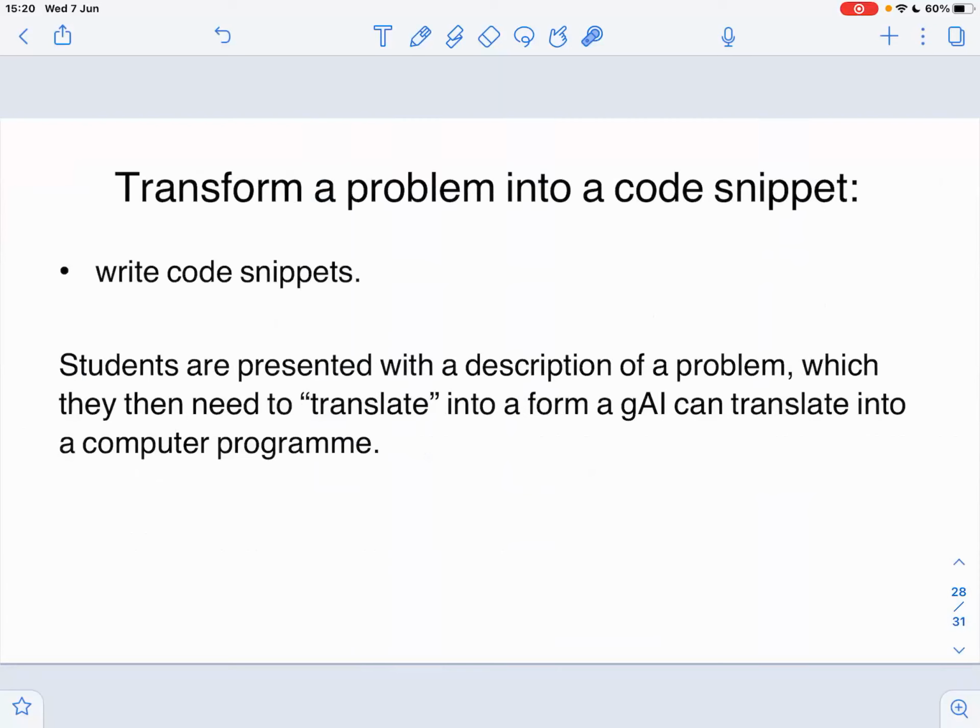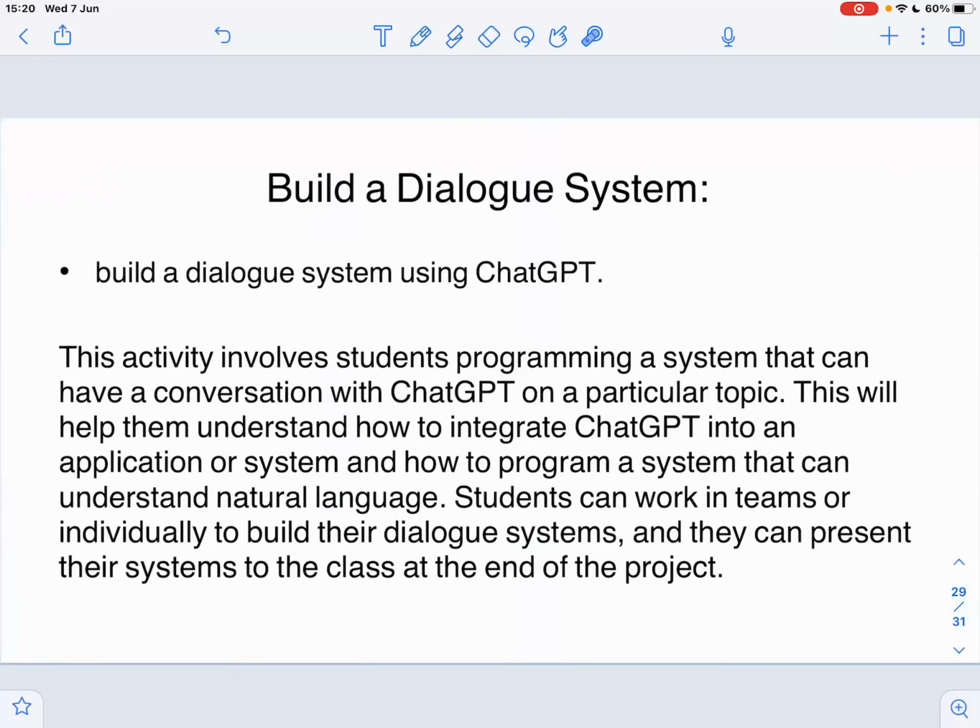This is a skill that will be incredibly sought after by companies. Or, and that is the homework, build a dialogue system, use an LLM like Cesare suggested, try to build a basic system. And again, that could be something that can be easily assessed.